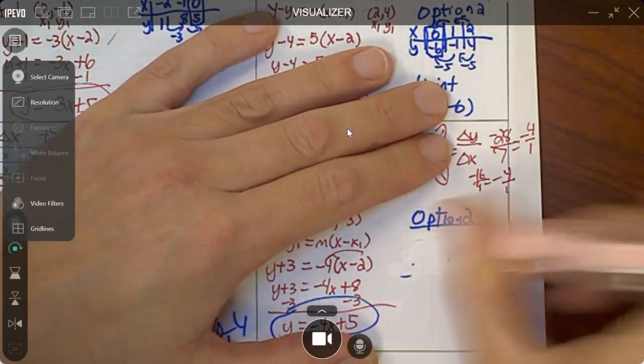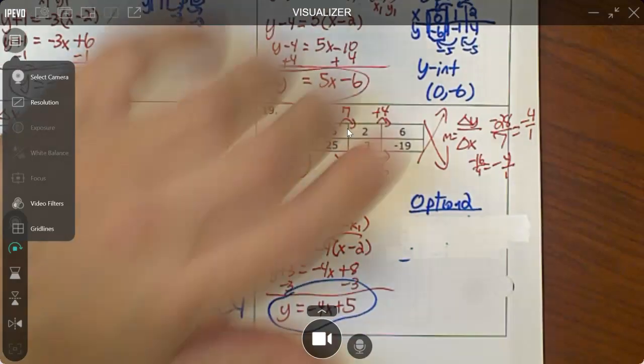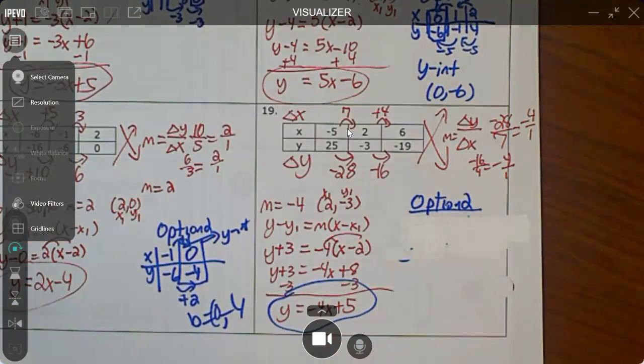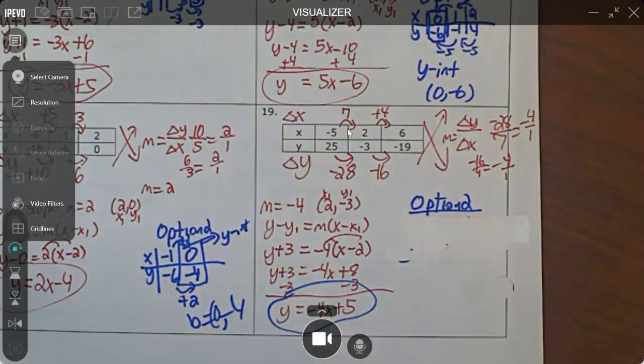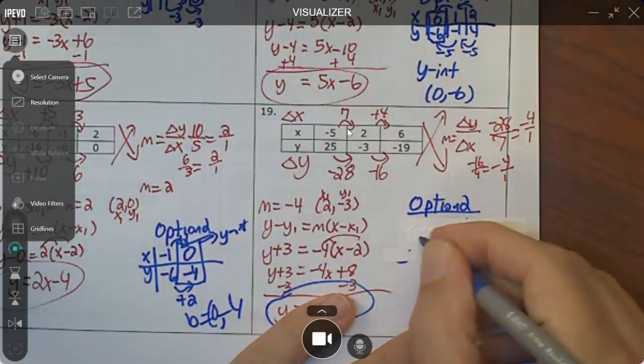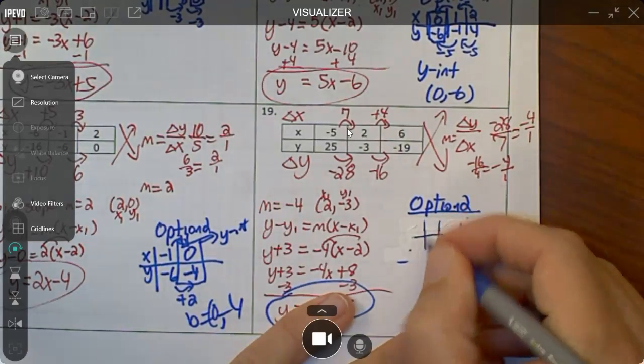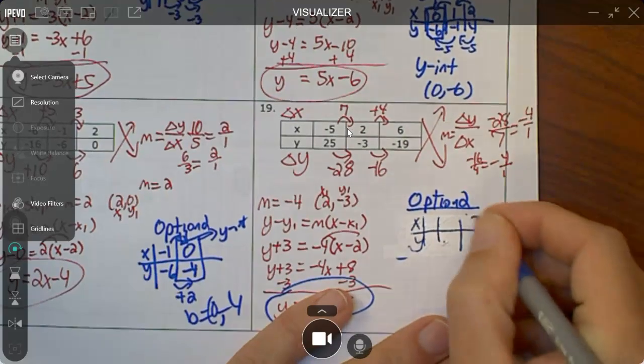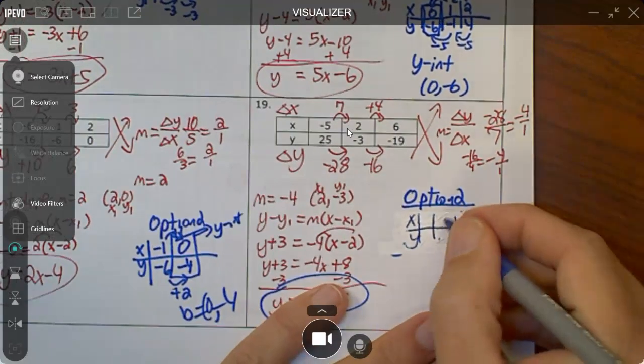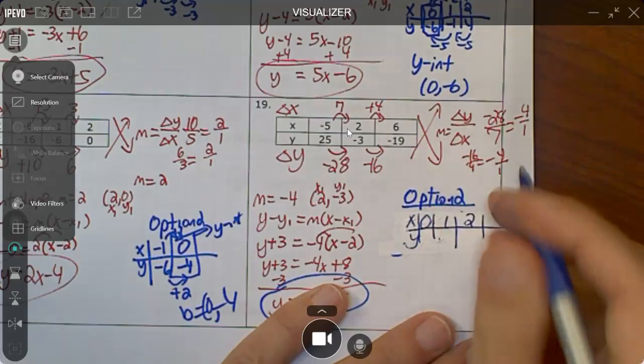Alright, option 2. That's what happens when you make a mistake. Okay, so we know the reason I made it wrong is we got 2, 1, 0.